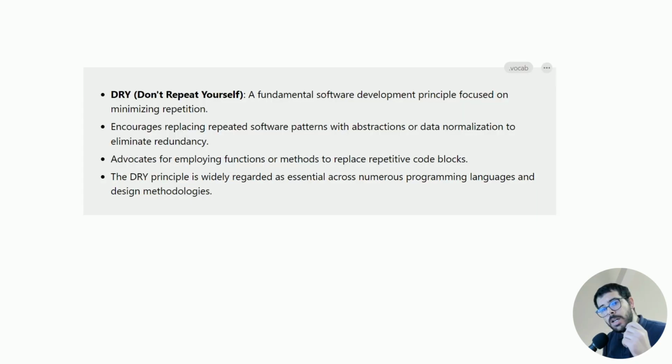The DRY principle is a fundamental software development principle that focuses on minimizing repetition. The idea is if you have a repetitive task, you don't keep doing it. You streamline it in a way that you do it only once through a function mainly or an object, and you keep using that throughout every time you need to access that function or the output of that function or that module or whatever.